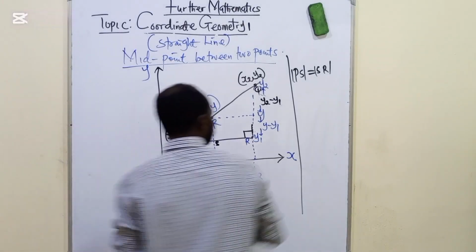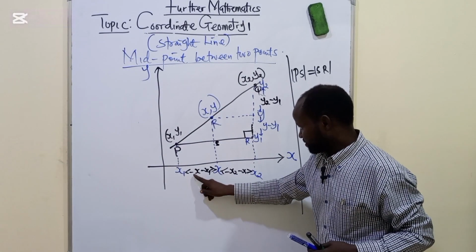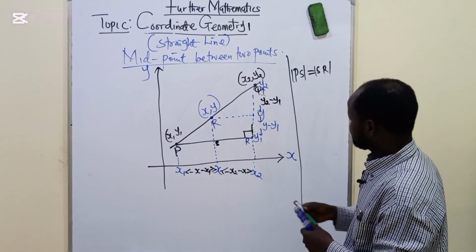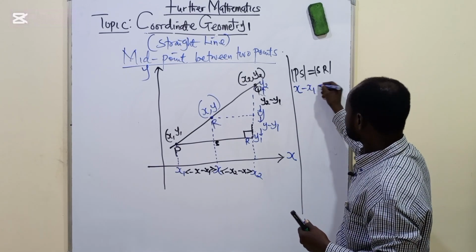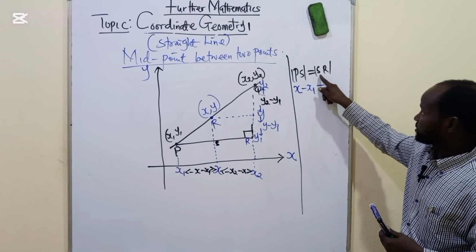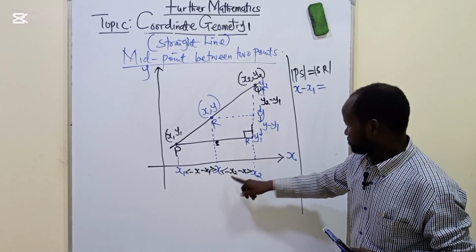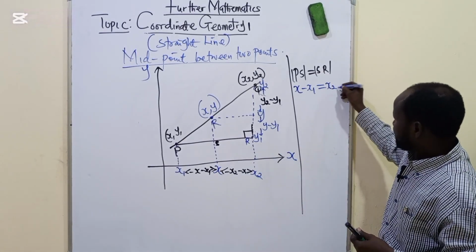Okay. What is our length PS? Length PS is nothing but x minus x1. Here we have x minus x1 will be equals to length SR, which is nothing but x2 minus x.